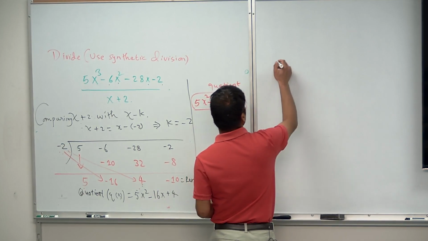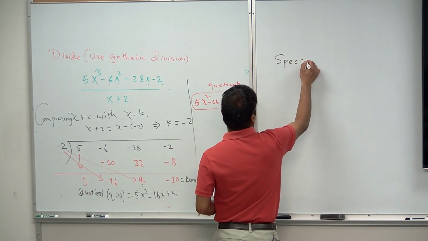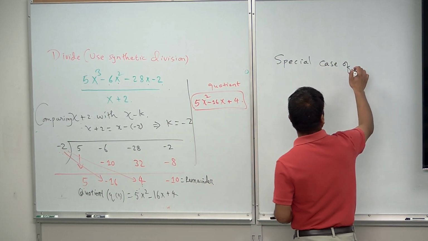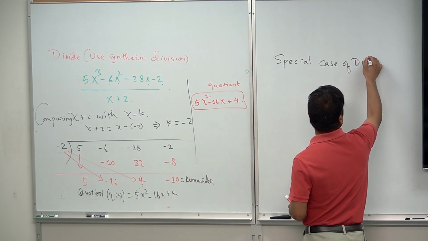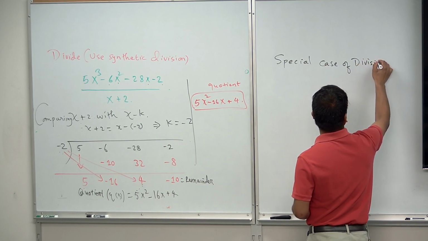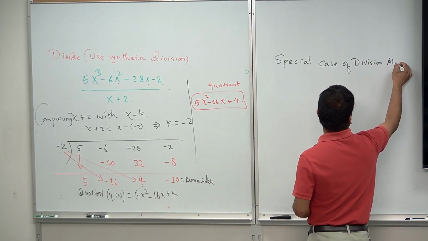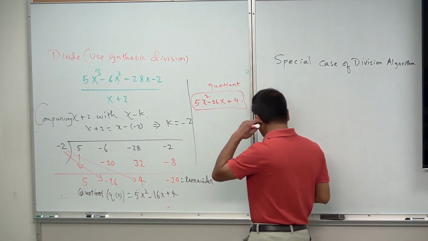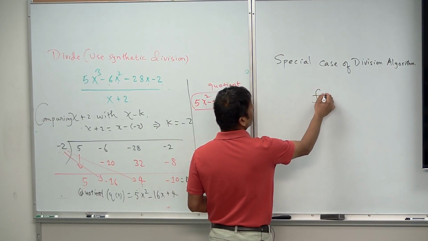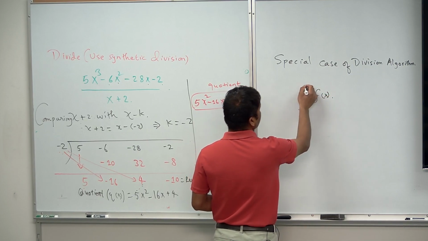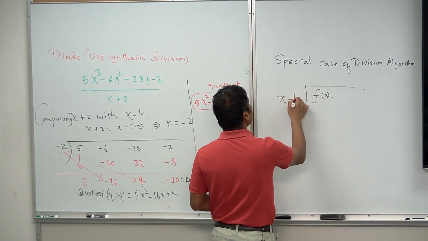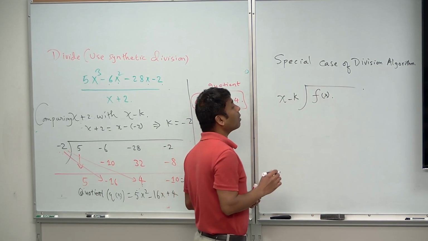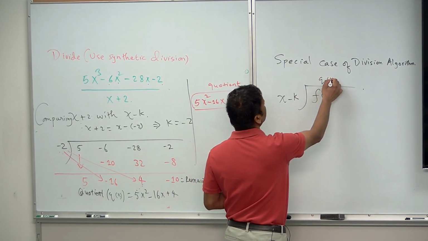So you have a special case of the division algorithm. What is the special case? You have a dividend f(x) that has been divided by x minus k, and what is the quotient? q(x).